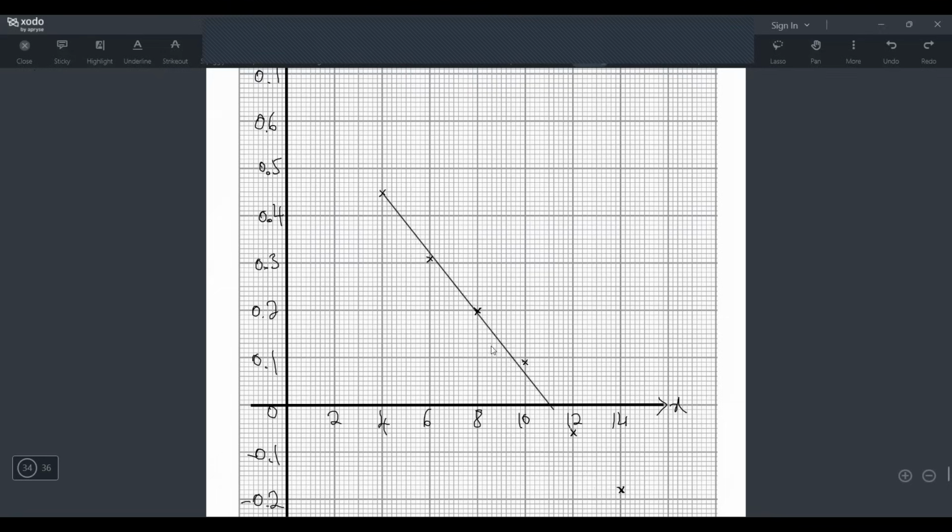And also all the other points sit above the line, right? Because when we draw a line of best fit, we have to make sure our line touches the most points, and also the points that don't touch, try to make them balanced. Try your best to make it balanced. So this one, if I join 1 and 2, then I only touch 2 points and the rest of the points sit above.